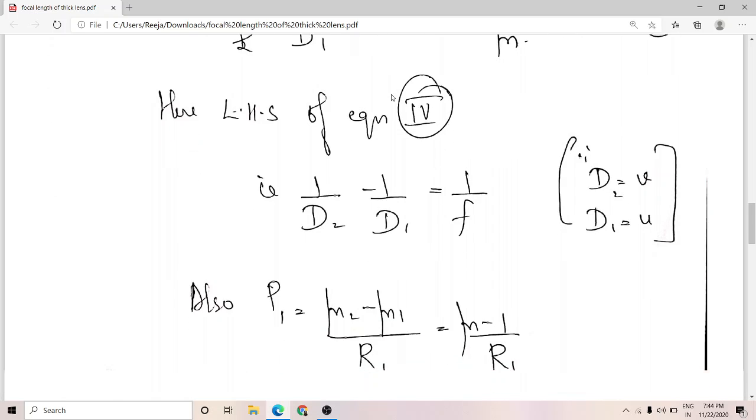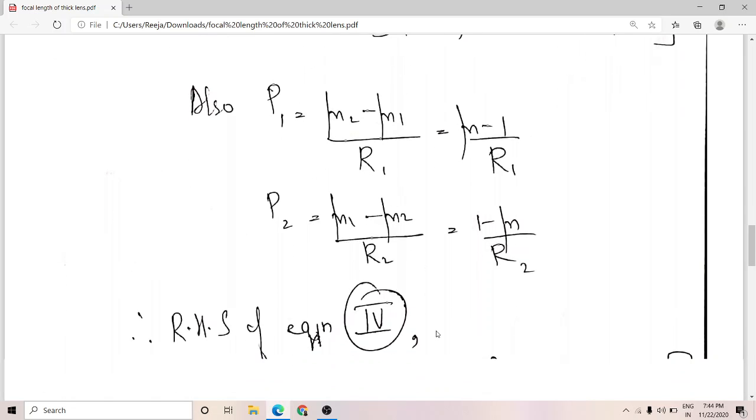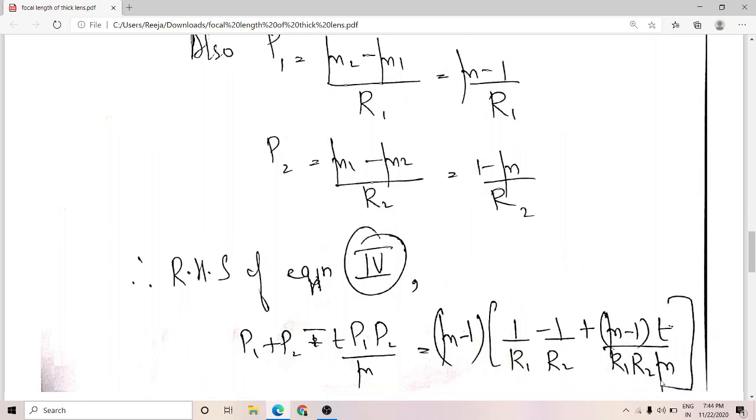Then as in the previous case, we replace P1 and P2. P1 is mu2 minus mu1 by R1, or mu minus mu1, where mu1 is air, so it is mu minus 1 by R1. And P2 is mu1 minus mu2 by R2, and here also mu1 is air, so it is 1 minus mu by R2. Mu1 is the refractive index of air. So the right-hand side, p1 plus p2 minus t p1 p2 by mu, becomes mu minus 1 into (1 by R1 minus 1 by R2) plus an additional term for the thick lens, that is mu minus 1 into t by R1 R2 into mu.